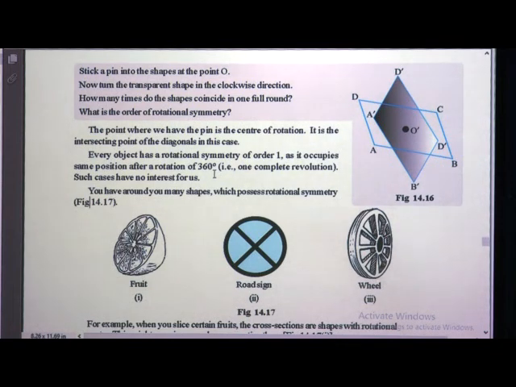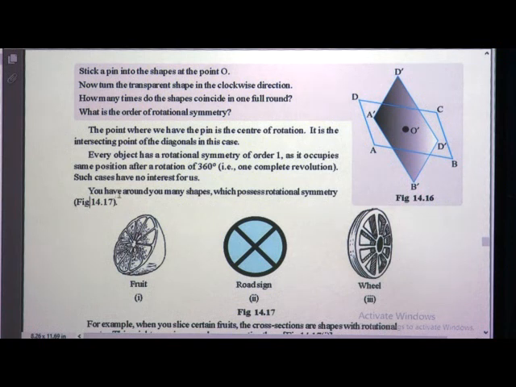So each and every object has one order of rotation, that is one complete revolution. Such a case is of no interest to us.